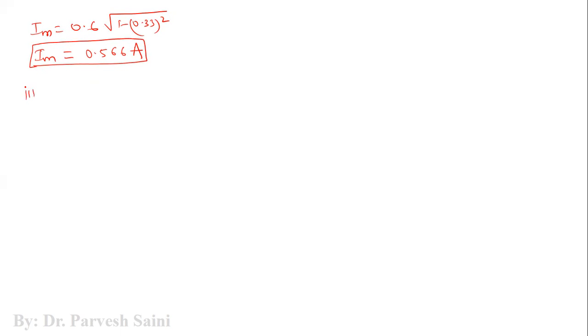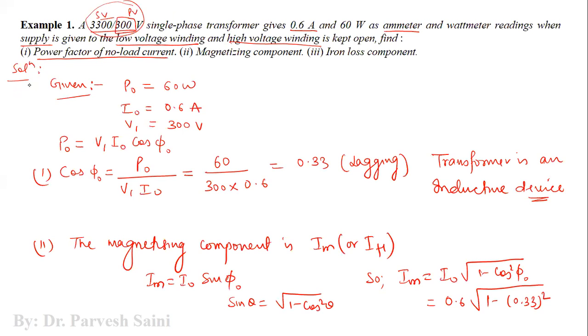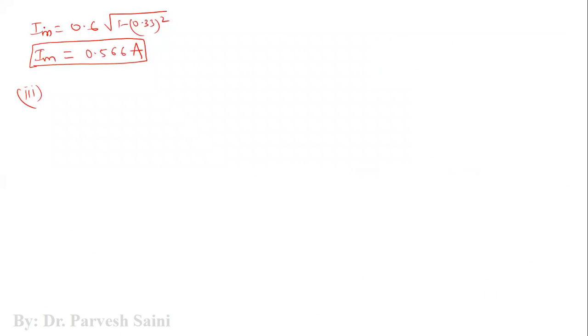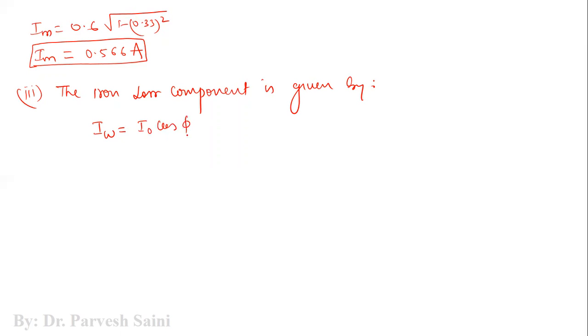And the third is we have to find out the iron loss component. So iron loss component is Iw, right? So the iron loss component is given by Iw, which is I naught cos phi naught.